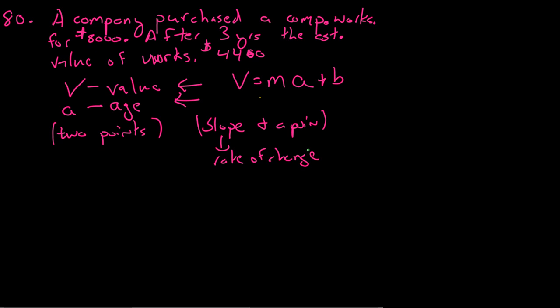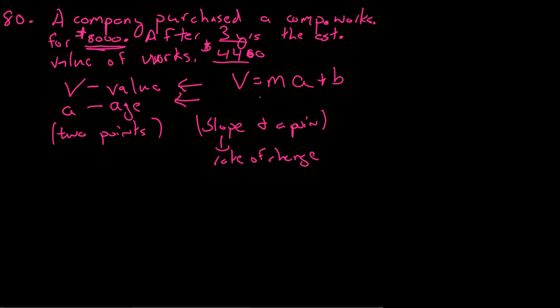So in this case, it would be some amount of money per year. I don't have any slope given in the problem, but I do have how much when I bought it and how much after 3 years. So I want to turn those two places in time into points.